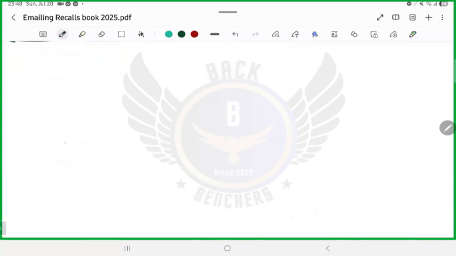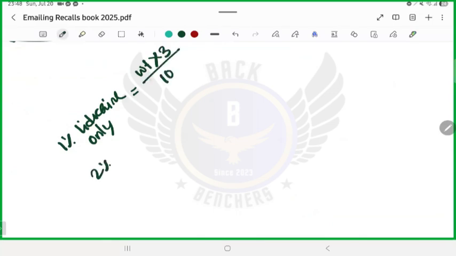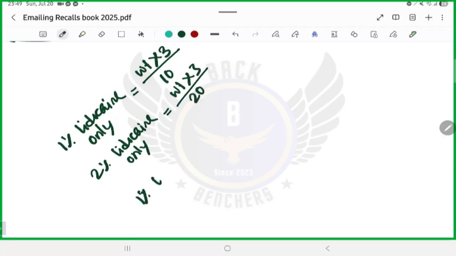Anyway, so 1% lidocaine only. Lidocaine only, no adrenaline. So weight into 3, that's the highest dose, by 10. 2% lidocaine only, weight into 3 by 20. Divided by 20. 1% lidocaine plus adrenaline, weight into 7 by 10.